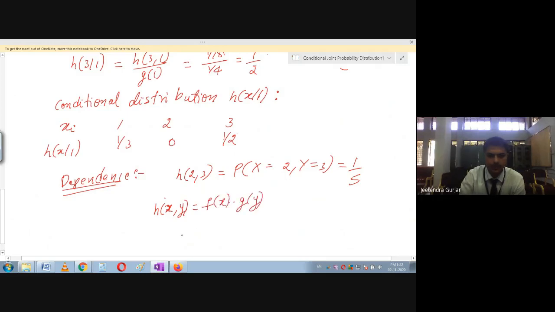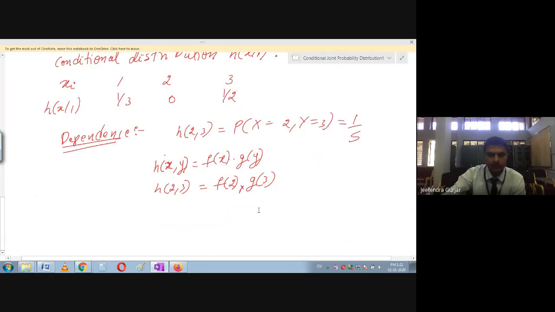You are going to calculate. Now for that I have taken 2 and 3, which is equal to f of 2 into g of 3. So already we have calculated h(2,3), that is 1 upon 5. I'm going to take here 1 upon 5, which is equal to f of 2.